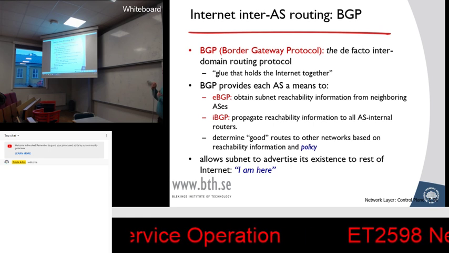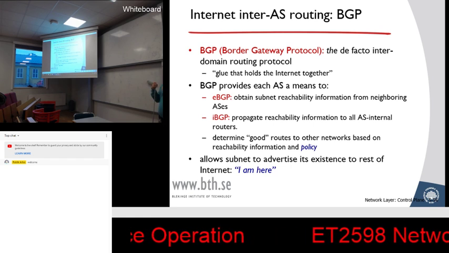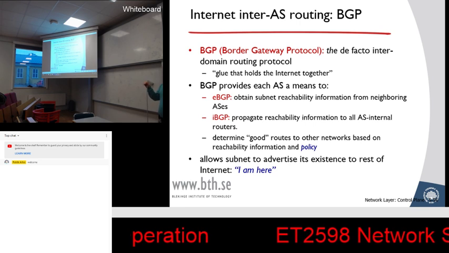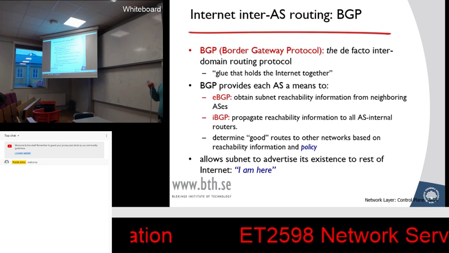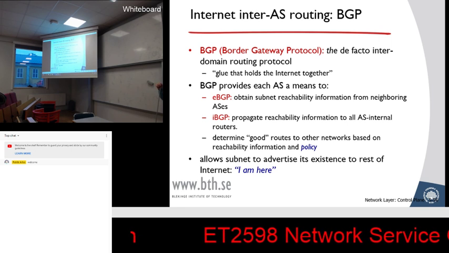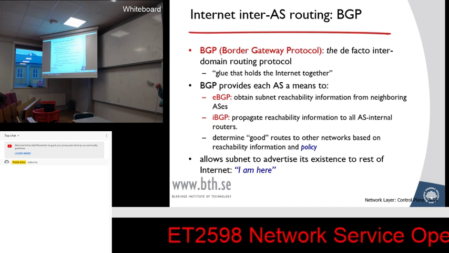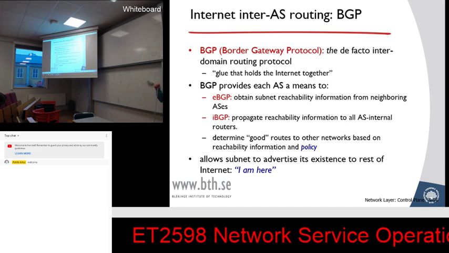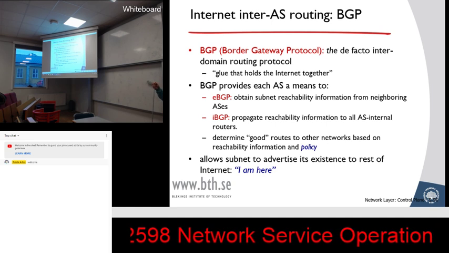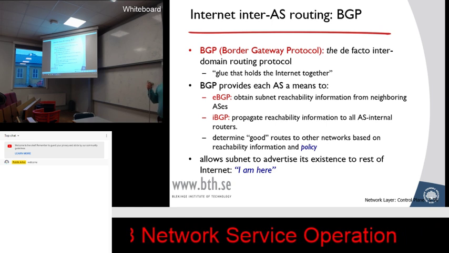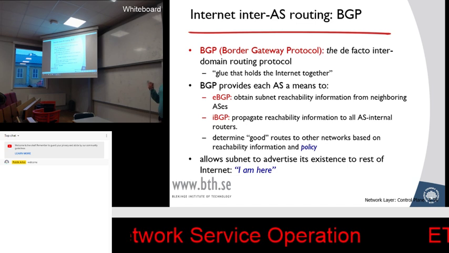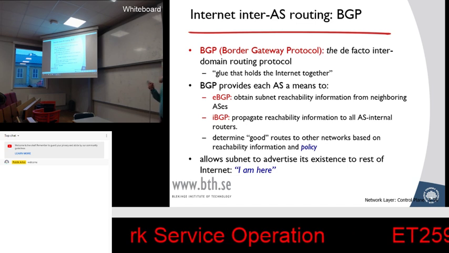For instance, in BGP, if I have an autonomous system where there's a transit capability, I might be very happy to say I can transit all the traffic to all the other networks. And then everybody will send their traffic to me.